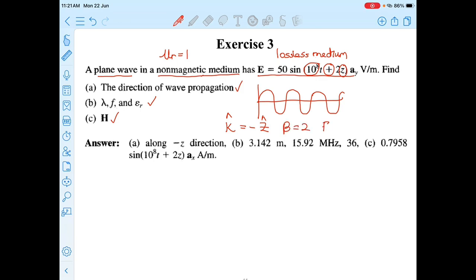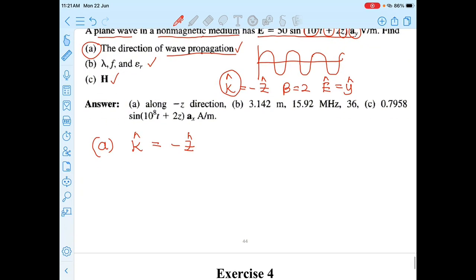The electric field direction is the Y direction, you can refer here. The first question is the direction of wave propagation, which refers to this unit vector k. So we can write down that k is equal to the negative z direction.